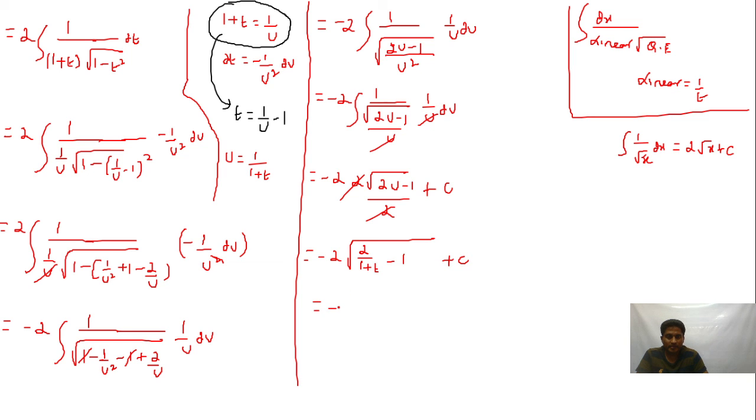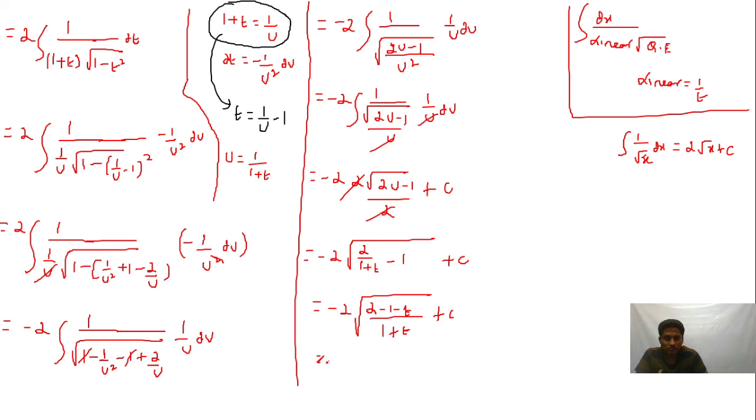So this will be equal to minus 2. If you open the bracket, this will be plus, so 2u minus 1. Okay, so this is equal to root of, take the LCM as 1 plus t. If you cross multiply, you get this 2 minus 1 minus t and plus c.